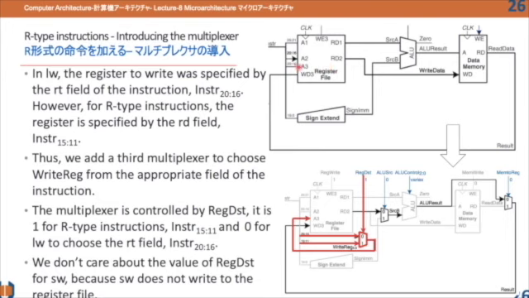So now you cannot keep the A3 port fixed to 20 to 16, because the RT and the destination RD are not the same bit sequence in the instruction.